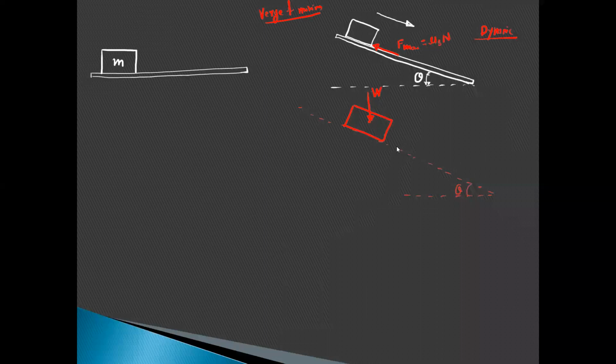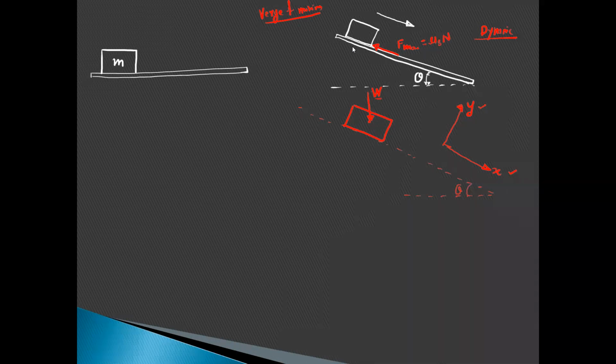Whenever we analyze a system on an inclined plane, assume the direction along the plane as the x direction and the direction perpendicular to the plane as the y direction. Then resolve the forces along the x direction and along the y direction. So one force W is exactly in the downward direction.